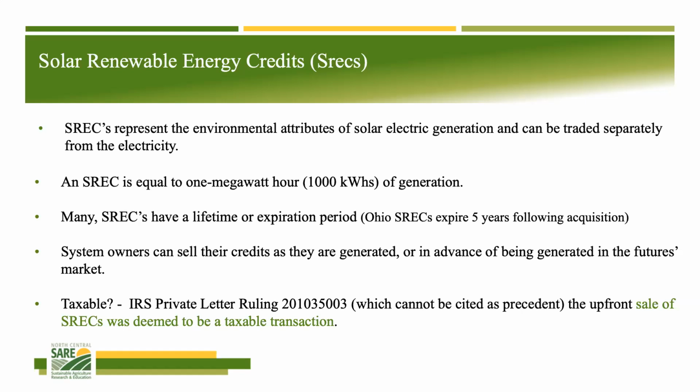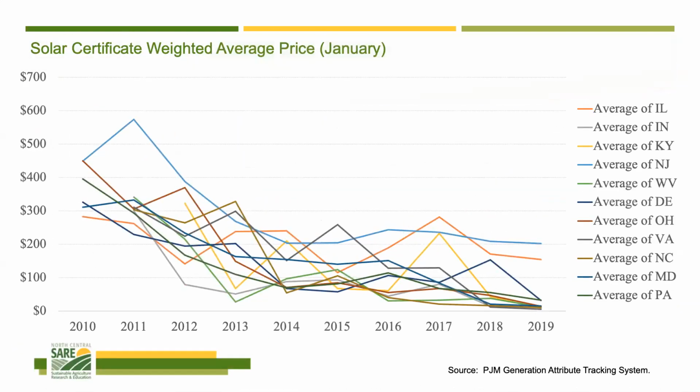There is a point that we need to consider in terms of taxable income. There is an IRS private letter ruling that did deem the upfront sale of SRECs as a taxable transaction. So just keep that in mind as we think about our cash flow table.